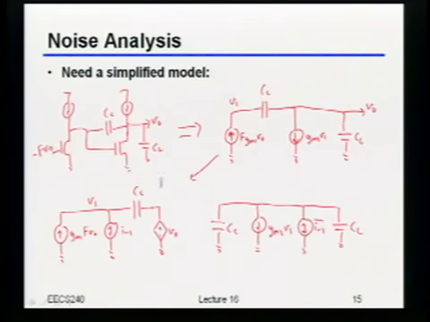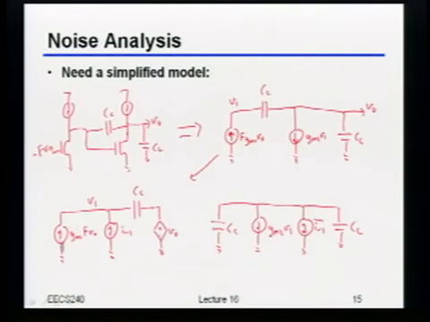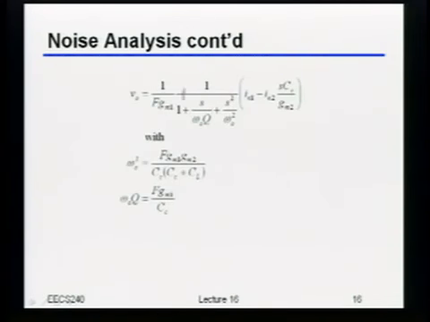Once you have this model, you can pretty quickly come up with the following expression. It tells you that the output voltage as a function of the two noise currents is related to 1 over F GM1, which makes sense since we've tied this thing up almost like a diode, times some filtering transfer function related to the dynamics of this whole thing, times IN1 minus IN2 times some other filter inside here.